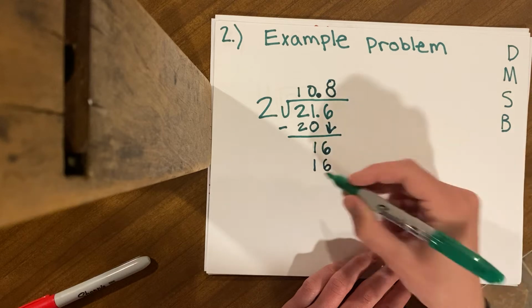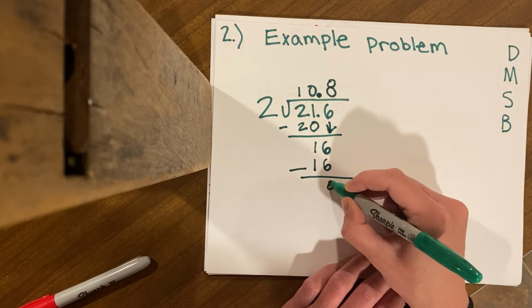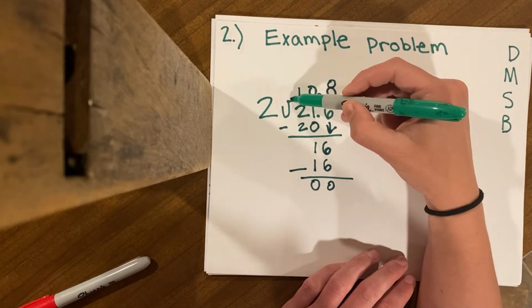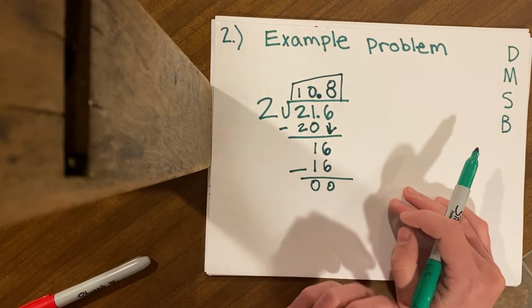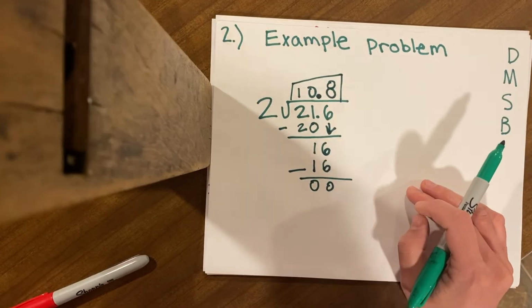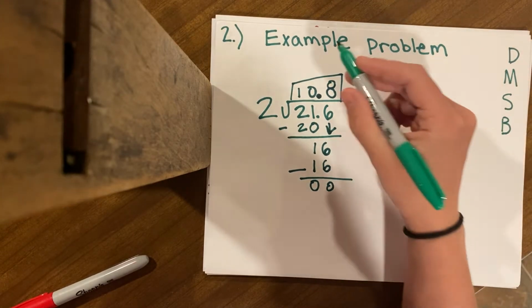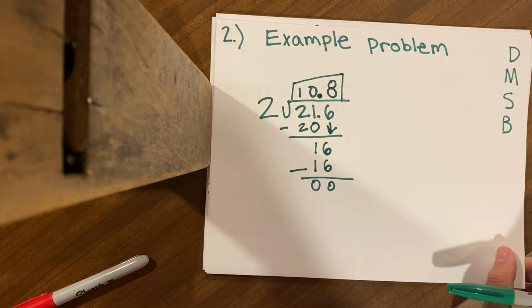Now we subtract. 6 minus 6, 0. 1 minus 1 is 0. So now our final answer is going to be 10.8. So what I could see that we need to focus on for this is we know to divide, multiply, subtract, and bring down, but make sure you remember to place your decimal in the correct place.